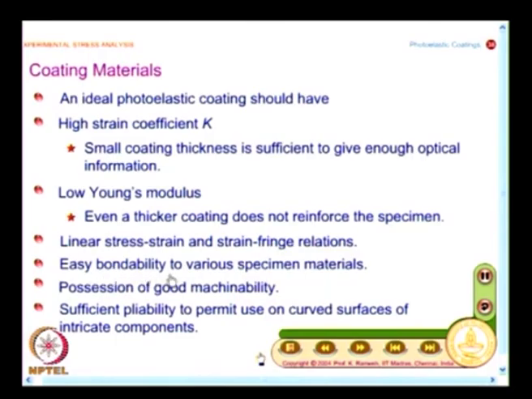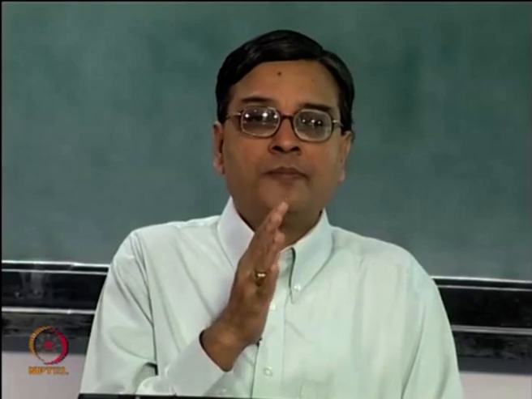Easy bondability to various specimen materials, because we had seen earlier people used glass, it was difficult to bond, and it should also have capacity for good machinability, and particularly when I want to go for complex industrial components, the coating material should have pliability for me to form the shell of the actual object.